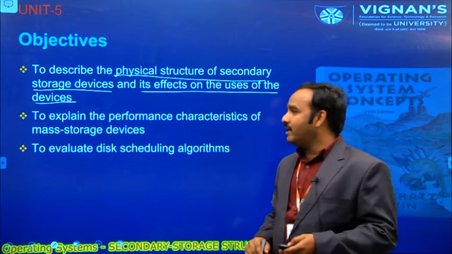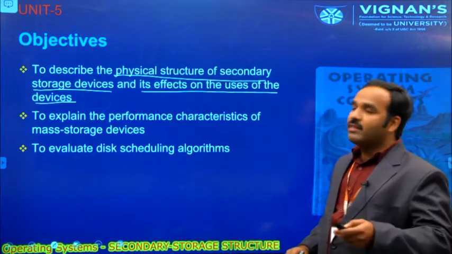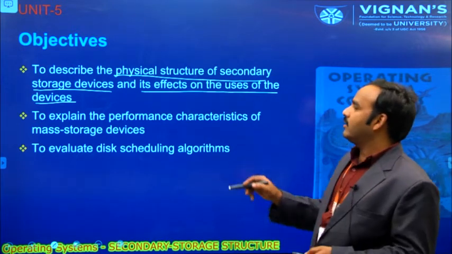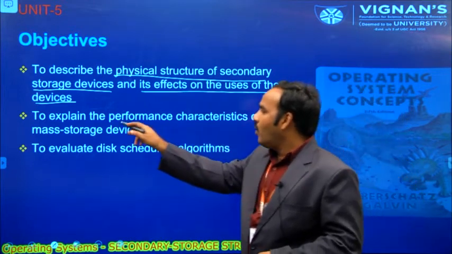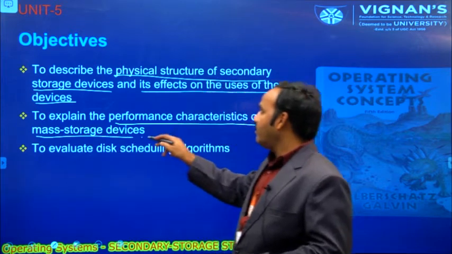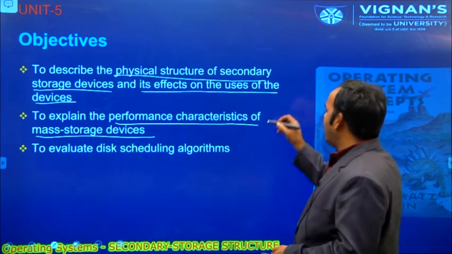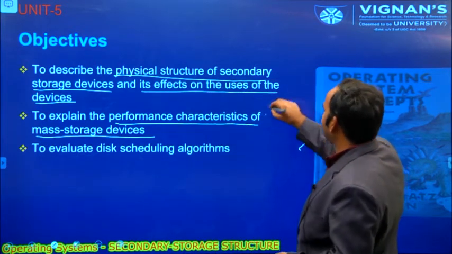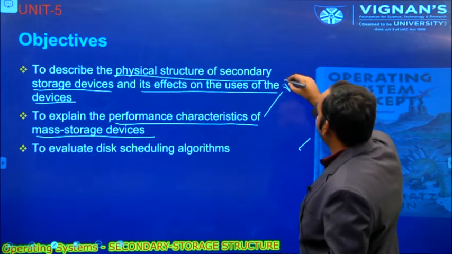The second objective is to explain the performance characteristics of a mass storage device. What are the performance characteristics of mass storage devices? The first parameter is transfer rate.